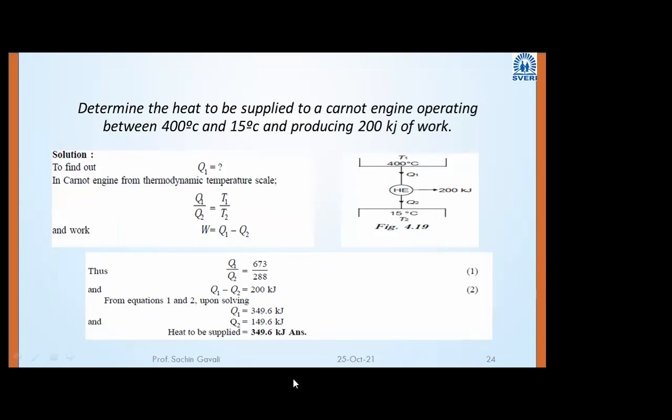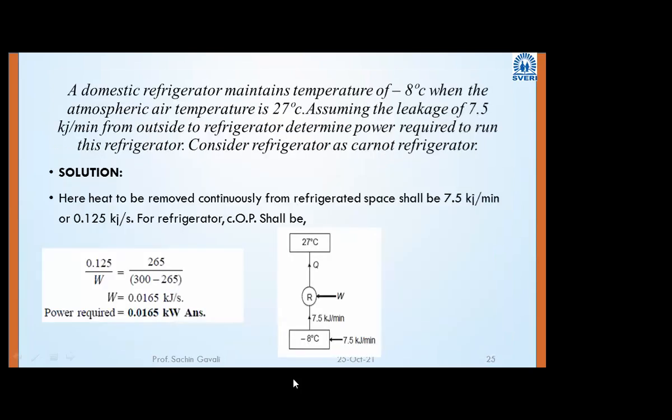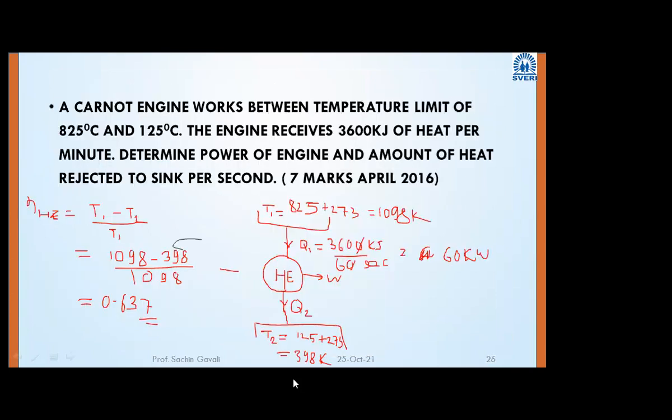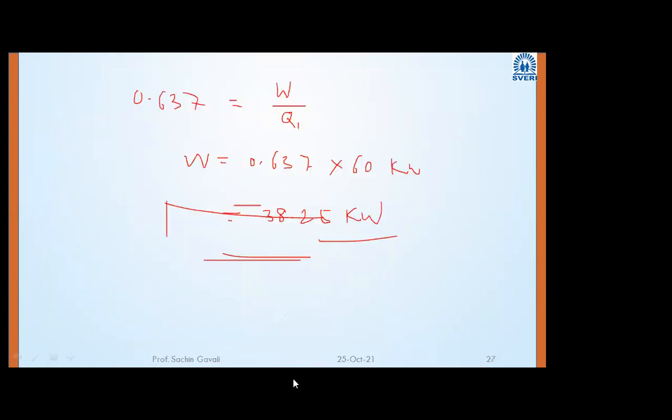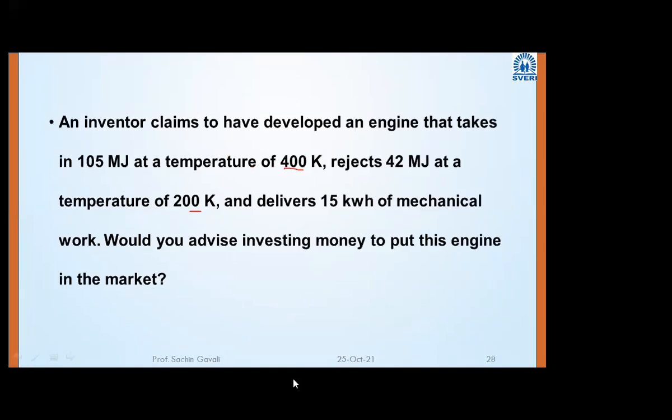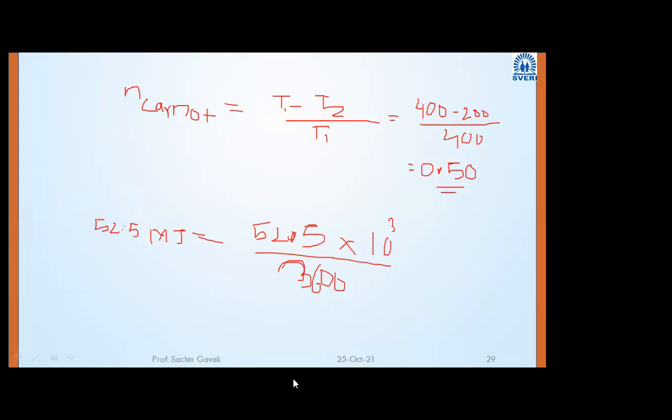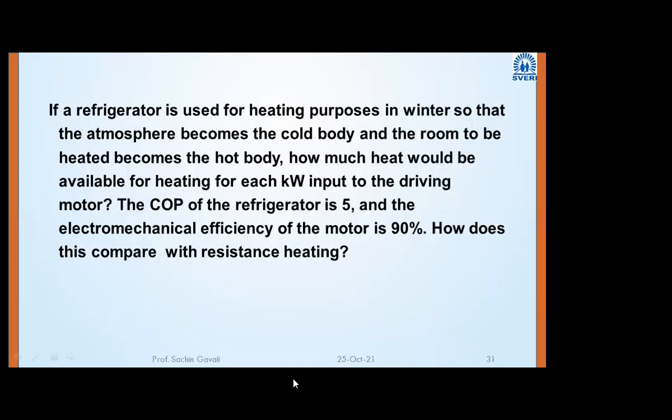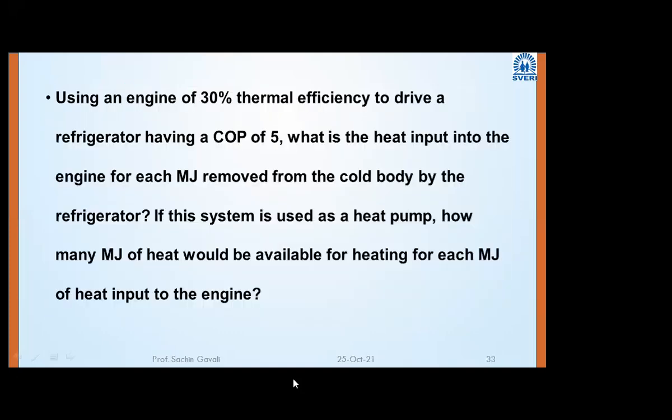That also we discussed. Is it correct? If you don't want to share, then at least mention it in the chat box.